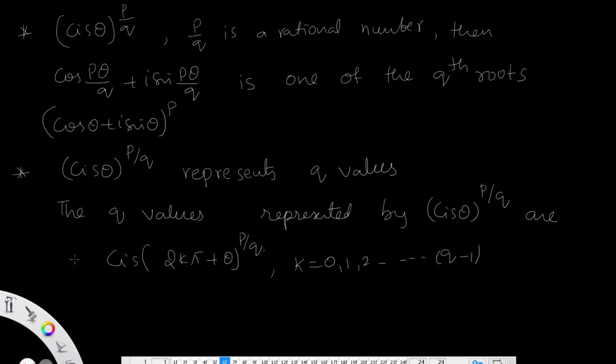For this explanation, I am giving some examples. Example 1: find all values represented by cis alpha whole to the power of 3 by 5.